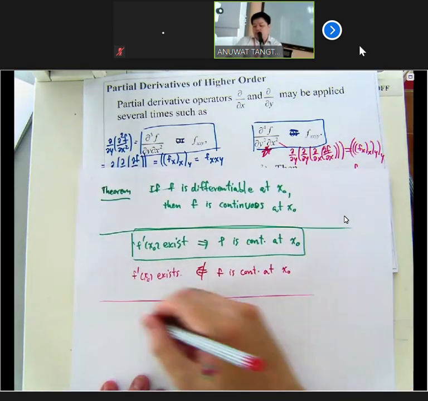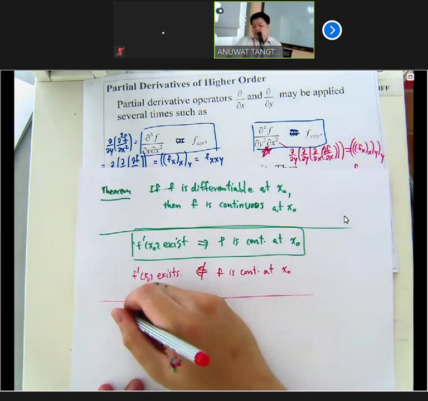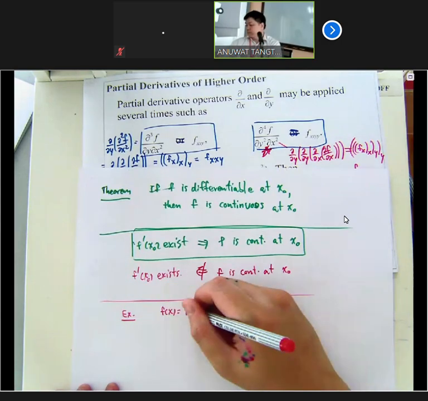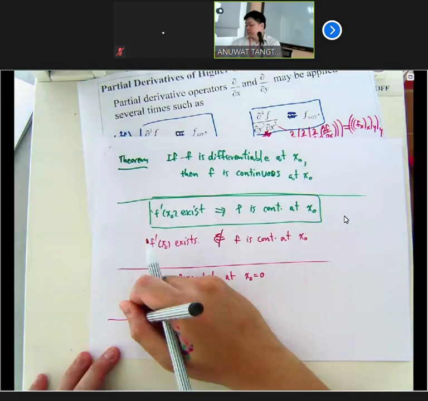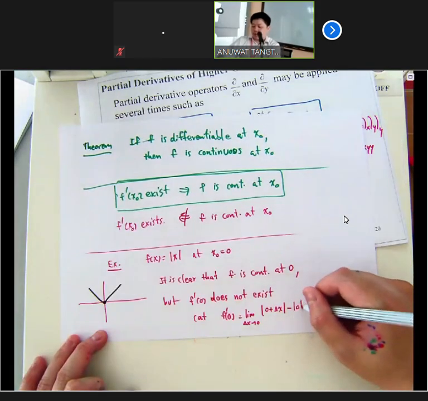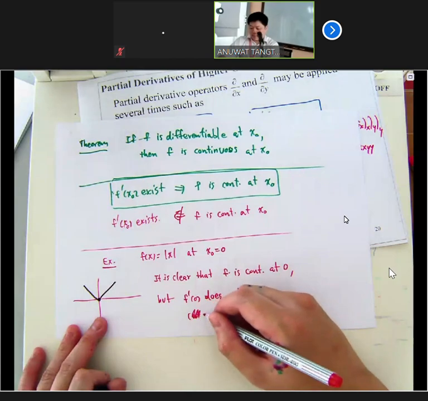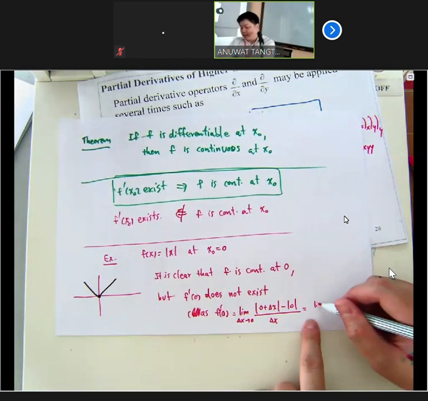One of the examples that you can remember is the absolute value function at zero. The difference quotient is f(0 plus delta x) minus f(0), over delta x, and that would be the limit as delta x goes to 0.